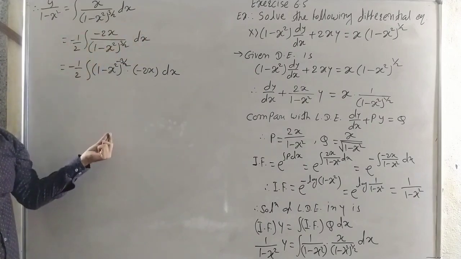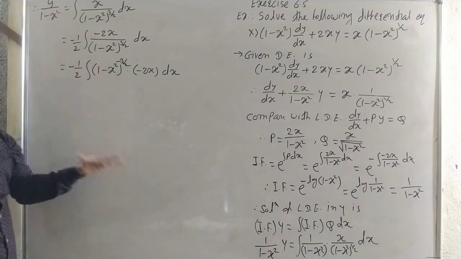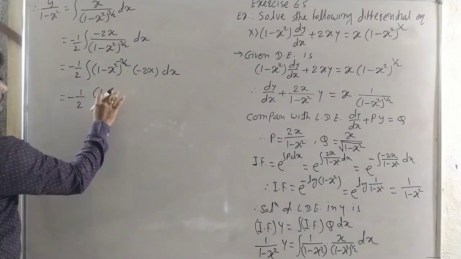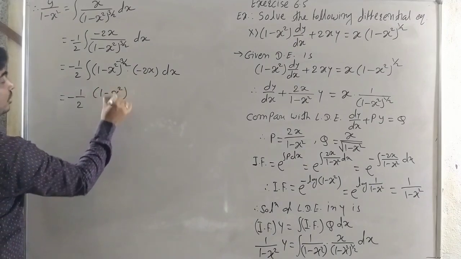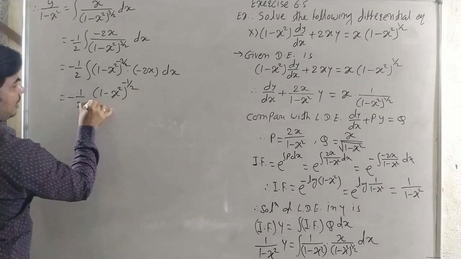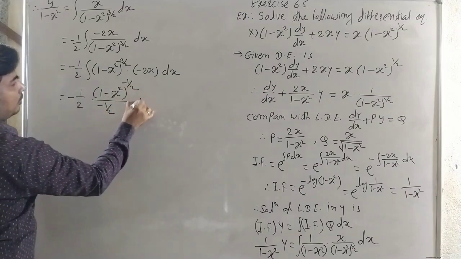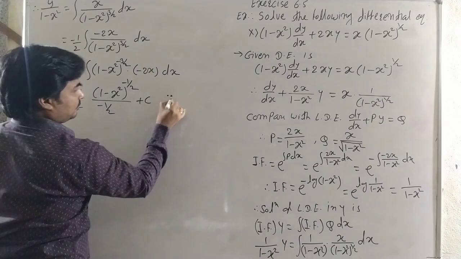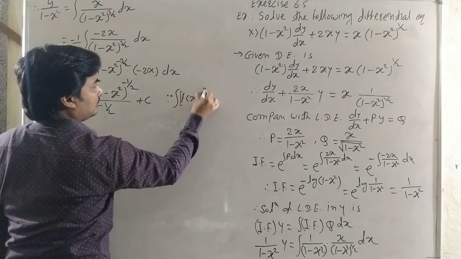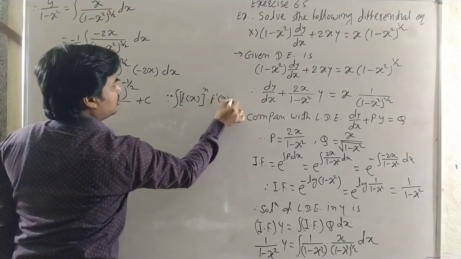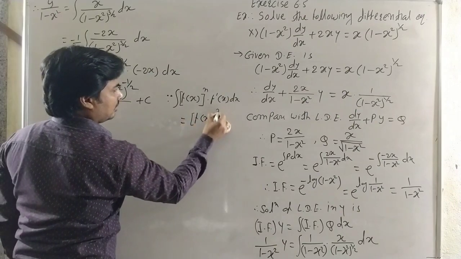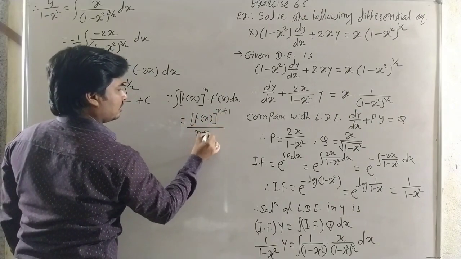Then the integral is f of x to the power n plus 1 upon n plus 1, so the integral is 1 by 2 (1 minus x square) to the power n plus 1, minus 3 by 2 plus 1, is minus 1 by 2, upon minus 1 by 2, and plus C. Here we use the integral of f of x to the power n into f dash of x dx is equal to f of x to the power n plus 1 upon n plus 1 plus C.